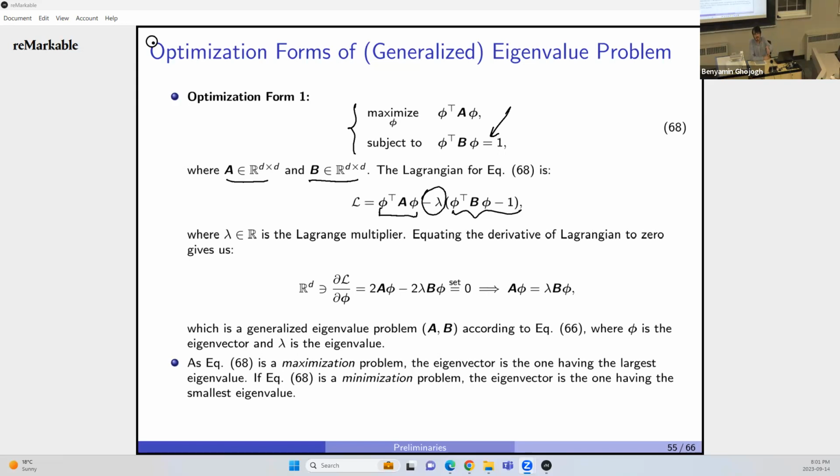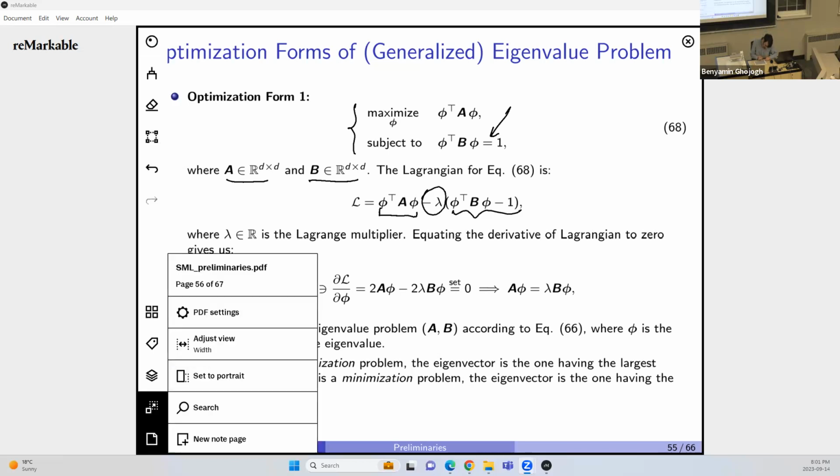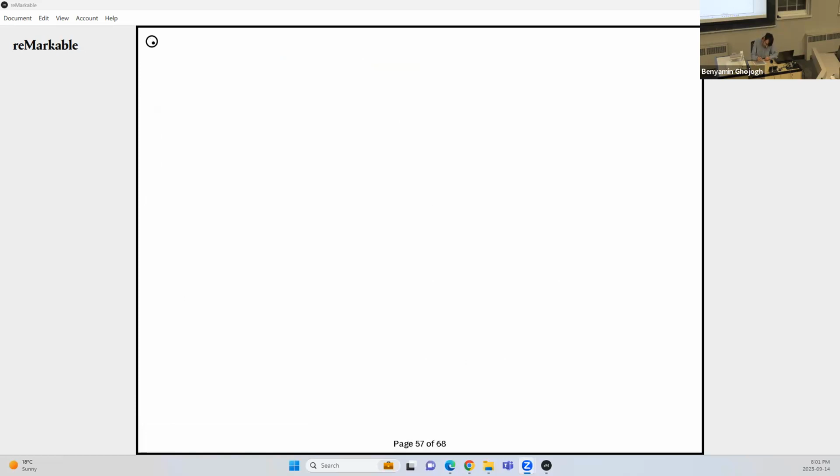So when it is X transpose X, it must again be 2X, but X here is a vector, right? Here it is phi. Phi transpose A phi. If it was phi transpose phi, it would become 2 phi. But now, let's add a page because that's important. I have phi transpose A phi.